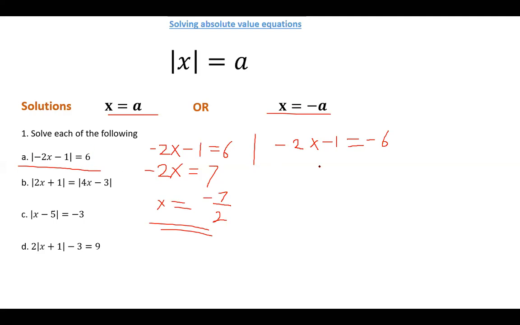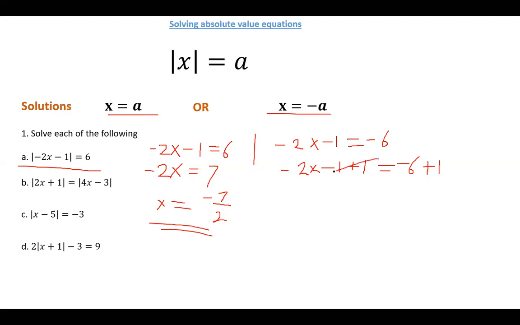And then we also have to solve this one. This one will give us negative 2x minus 1. When you find the additive inverse of this minus 1, it is a positive 1 on this side. Whatever you do on this side, you also do on the other side. So we add a 1 on this side, and you also add 1 to the other side of the equal sign.